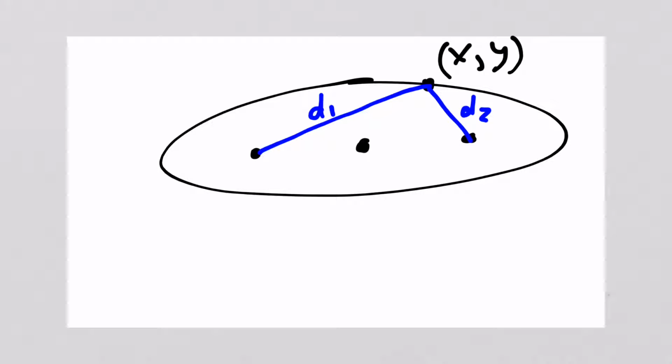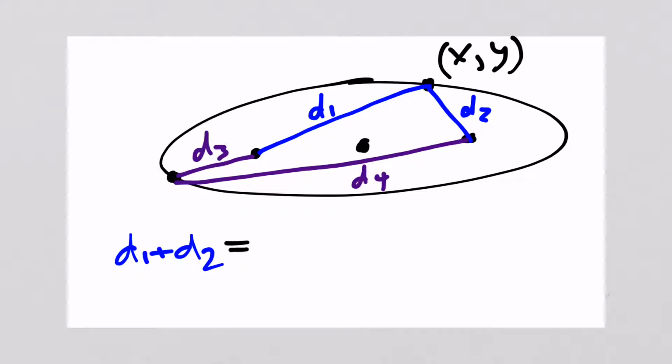That length d1 plus d2 has to be the same as any other point we choose on there. So imagine I choose a point like right here. What we're saying is that d1 plus d2 has to equal d3 plus d4.